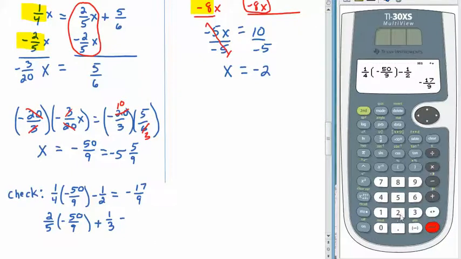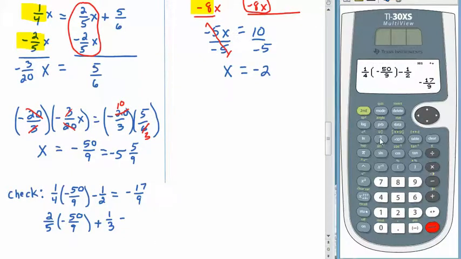Let's just speed this along. 2/5 multiplied by negative 50 over 9. Come out of the fraction, close the parentheses, plus 1/3. Whoops. Make sure the 3 gets in the denominator. All right, come out of that fraction and let's see what we have.